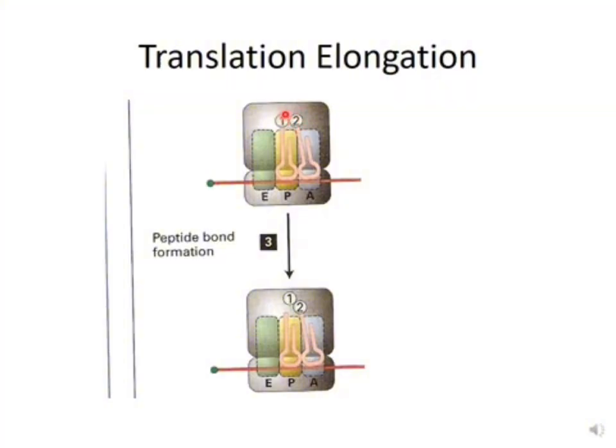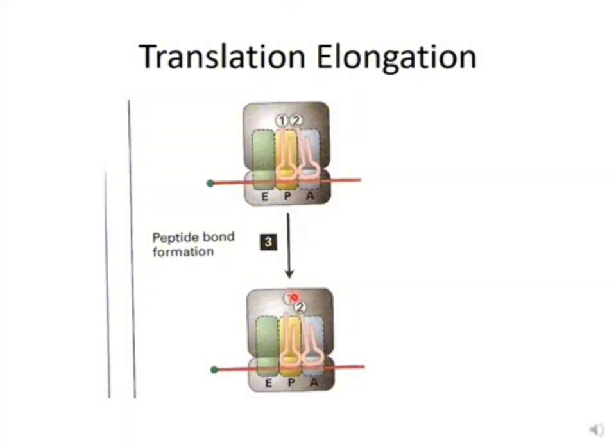Since this methionine on the P site is bound with a very high energy ester bond with the tRNA, it's going to rather replace this bond with a more stable lower energy bond, forming a peptide bond between itself and the amino acid on the next tRNA, causing the formation of a peptide bond on one hand and the breakage of the ester bond on another.